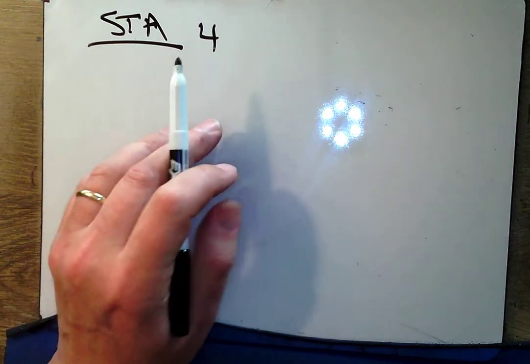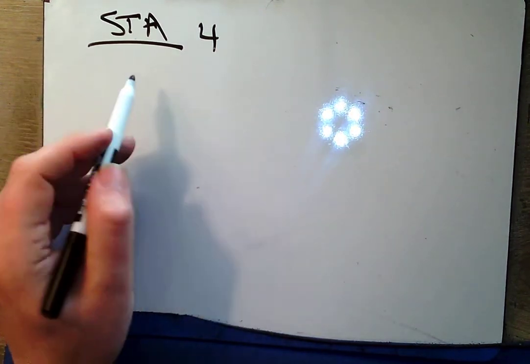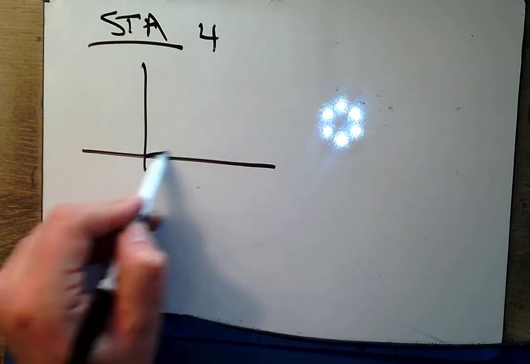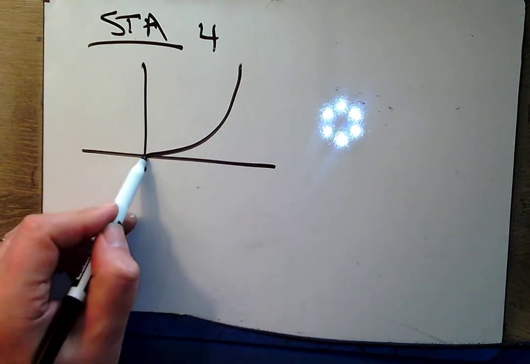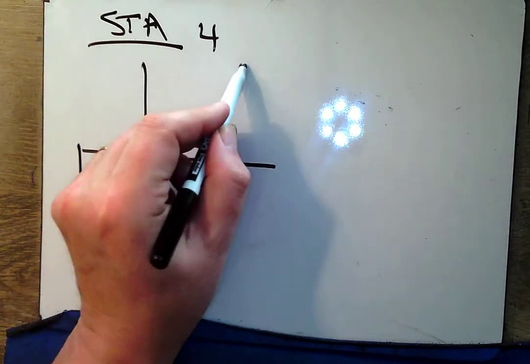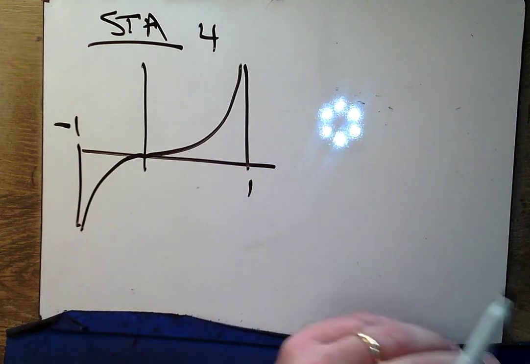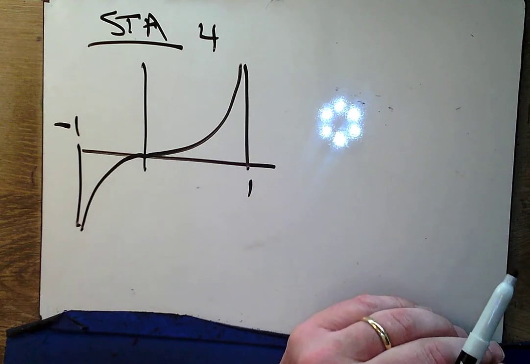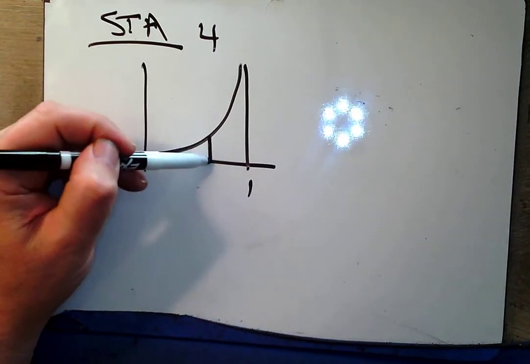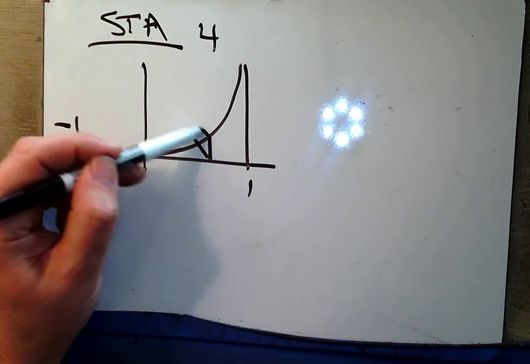Okay, station 4. We've got the volume, y equals x to the 3rd, from -1 to 1, whose cross-sections perpendicular to the x-axis are squares. So I'm drawing squares.